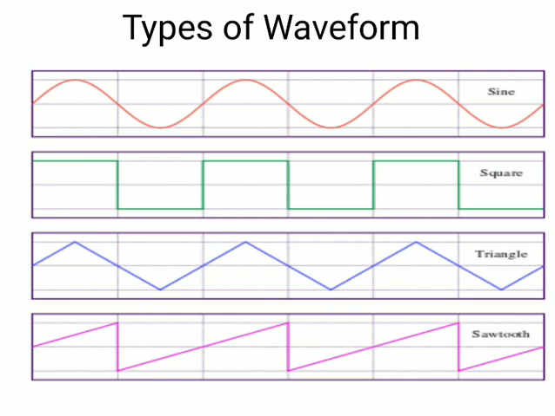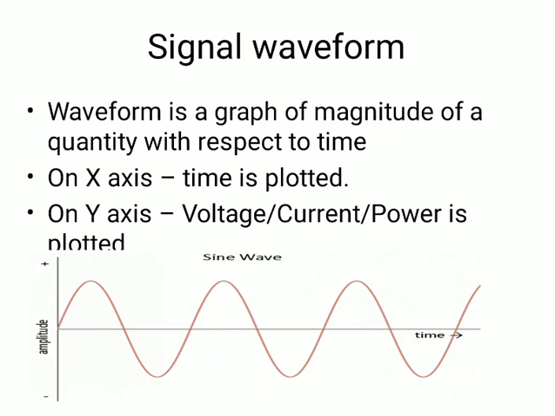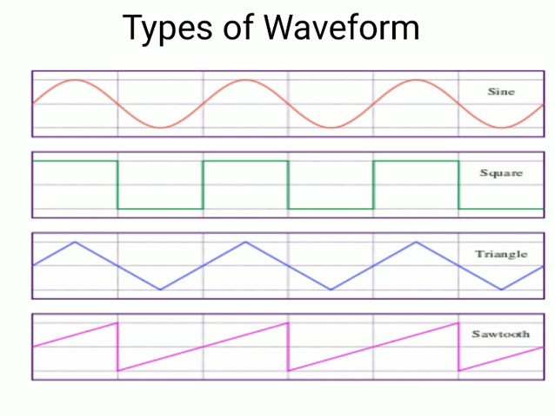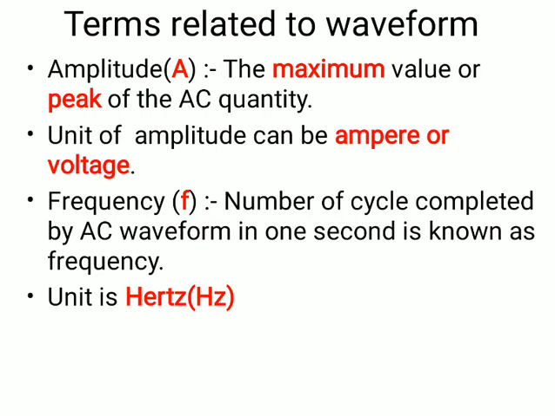It starts from 0 and goes to the maximum value, and that maximum value is the amplitude. If the signal represents current, the unit of the amplitude will be ampere. If it represents voltage, it will be volt. If it represents power, the unit will be watt.